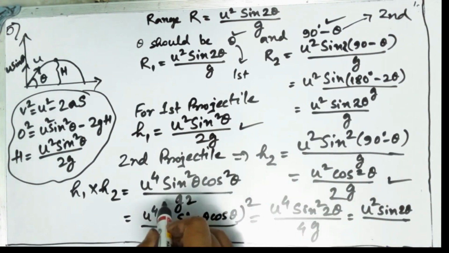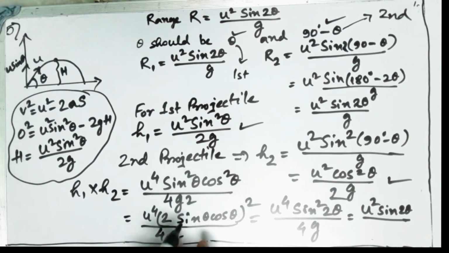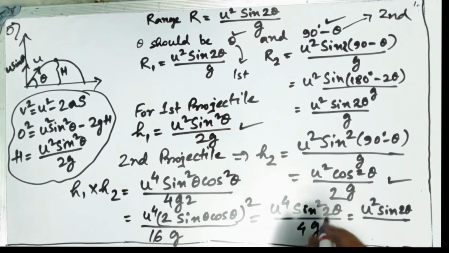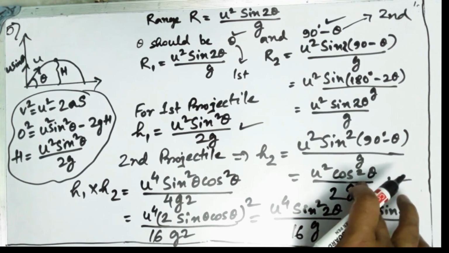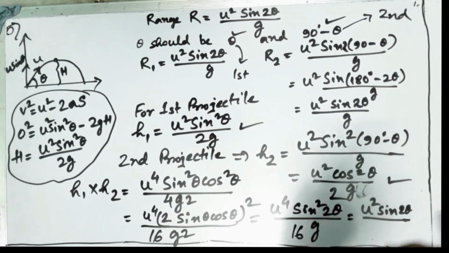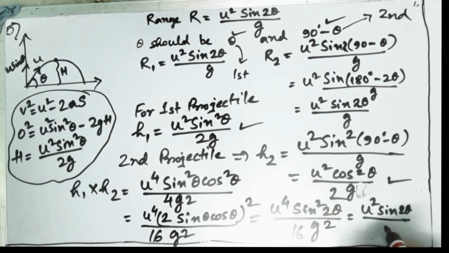So after multiplication, the denominator is 4 times 4, so this will be 16 g square.